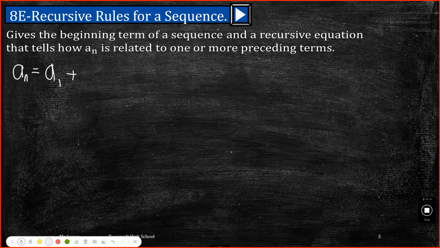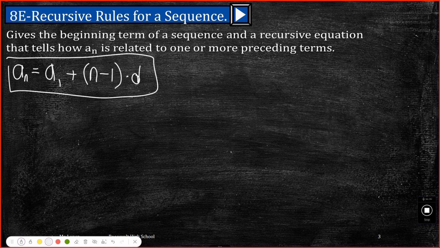For an arithmetic sequence, what was it? A sub n equals A1 plus what? This is the first one we did. We're going to come up with a recursive rule that will give you the sequence in an arithmetic sequence just like this one does.